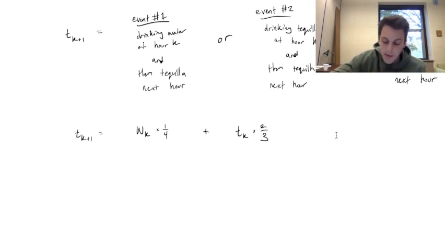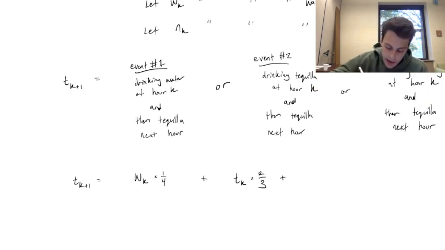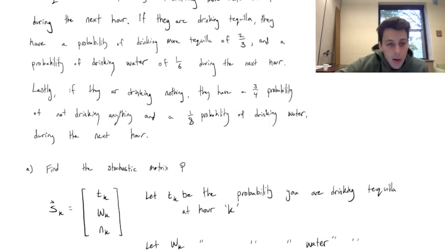All right, finally, event number 3. I'm drinking nothing at hour K. We know that that will be N sub K, as we defined. And then we multiply by the probability of drinking tequila the following hour given not drinking anything. So let's refer back to our question.